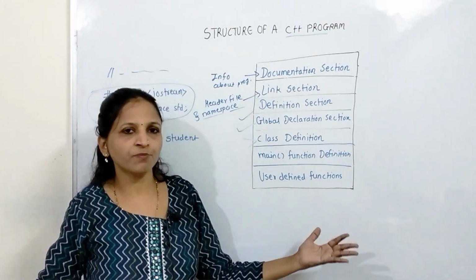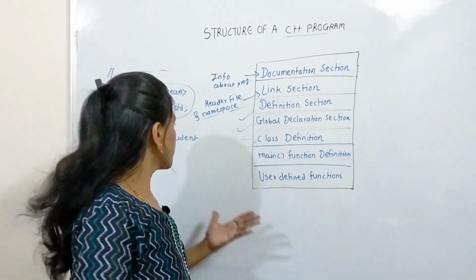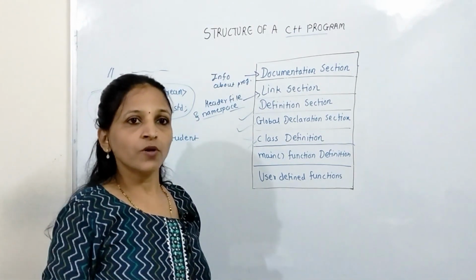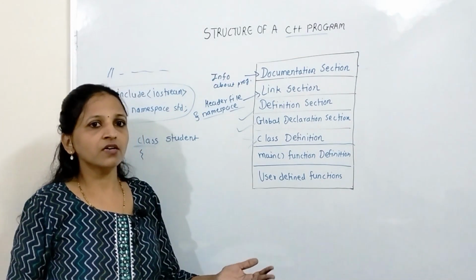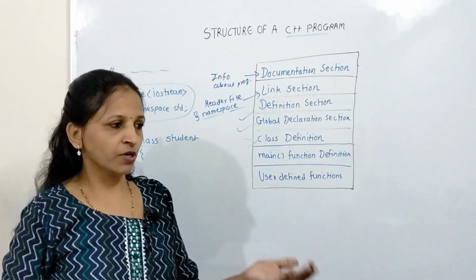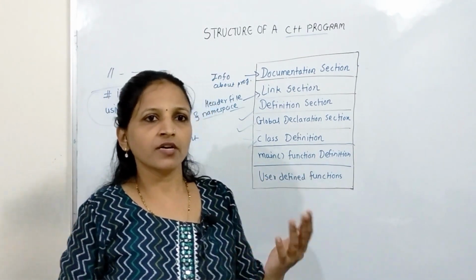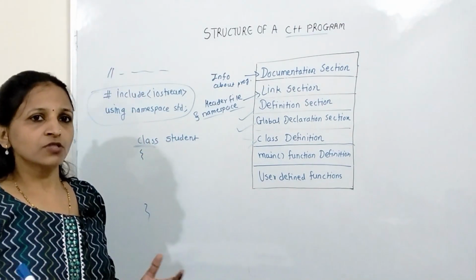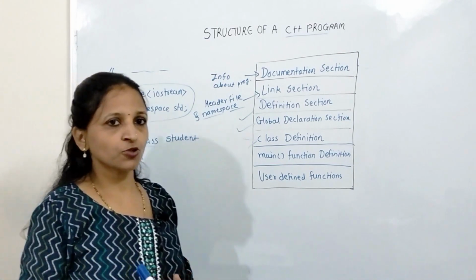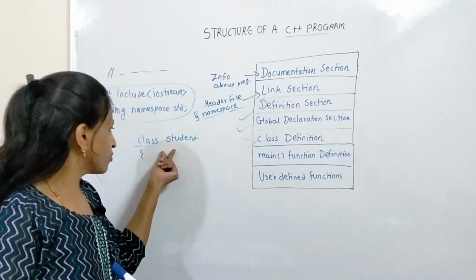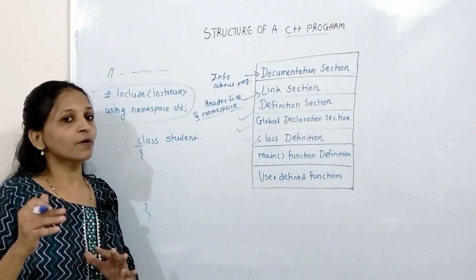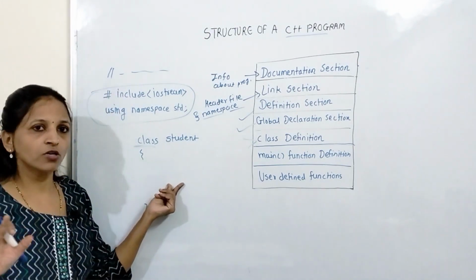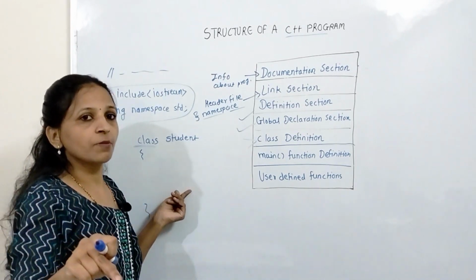If you want to represent multiple students, you can create this class and it will represent all the students. All students have attributes like roll number, name, division, class, address, height, weight, marks. Those we have to write over here, and those are called data members. Just like variable declaration, you declare all those data members here.